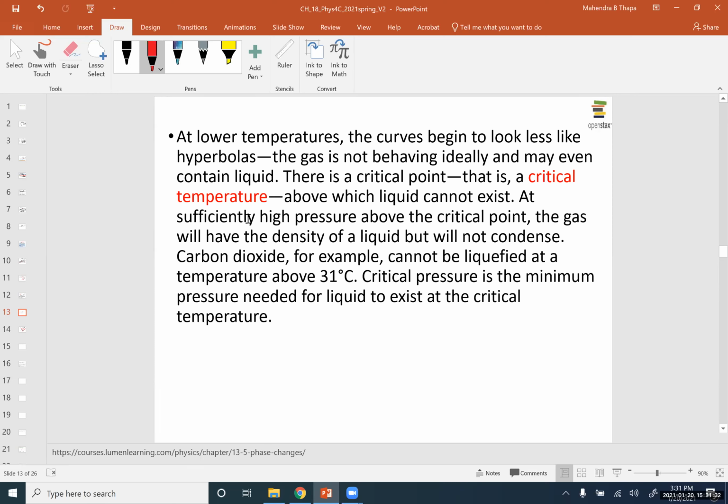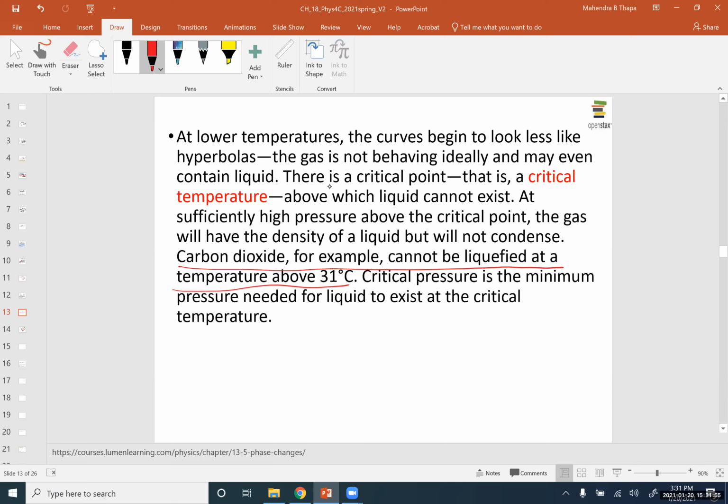At some sufficiently high pressure above the critical point, the gas will have the density of a liquid but will not condense. For example, carbon dioxide cannot be liquefied at a temperature above 31 degrees Celsius. This is one of the amazing facts people understood very late.